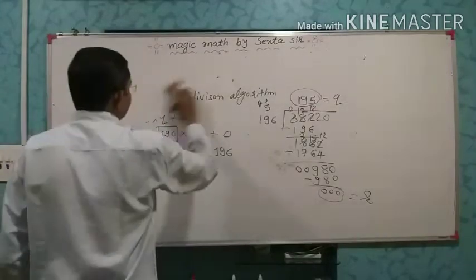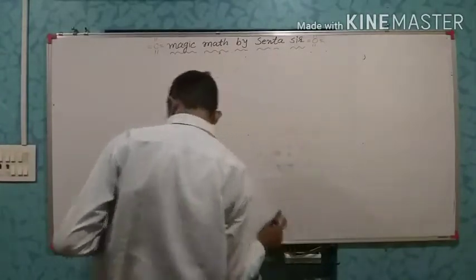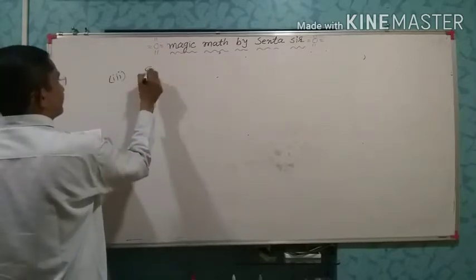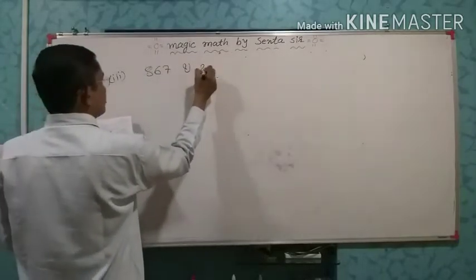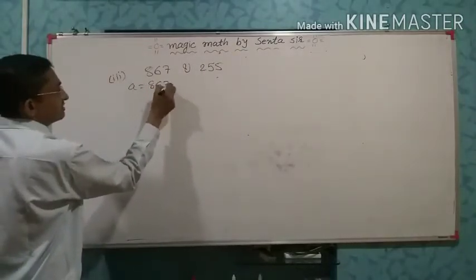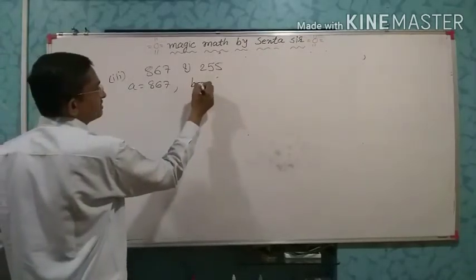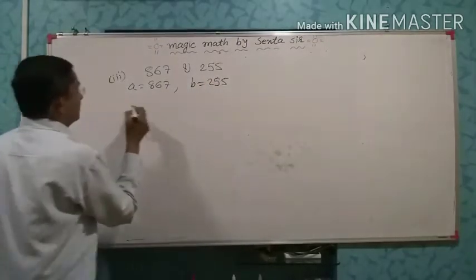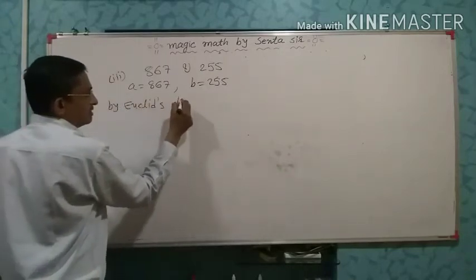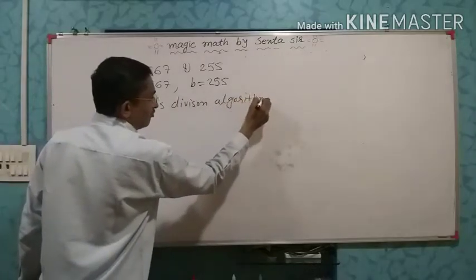Friends, we learn the third example. Third example, 867 and 255. Here the large number is 867, therefore we write A is equal to 867 and B is equal to 255. By Euclid's division algorithm, what is the formula?